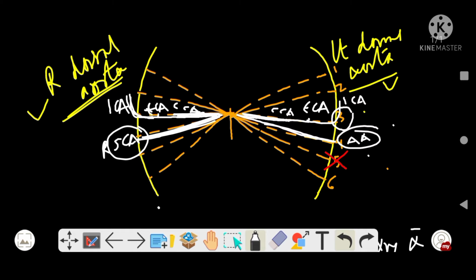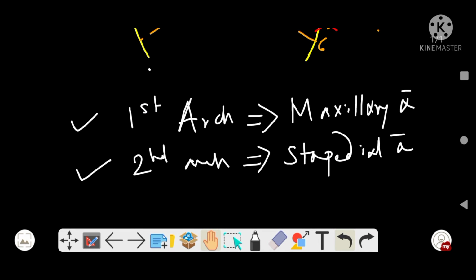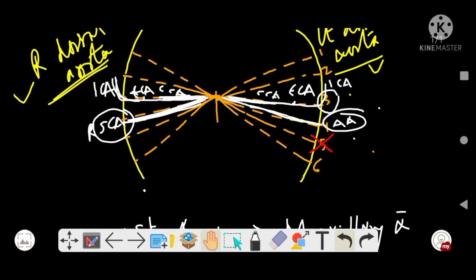So up to now we saw that from the first arch artery the maxillary artery is derived, from the second arch artery the stapedial artery is derived, right? From the third arch artery the proximal portion gives the common carotid artery that continues as the internal carotid artery, giving a branch of the external carotid artery on both sides.